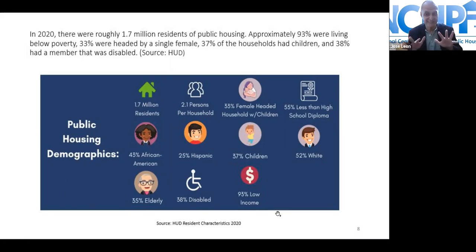So there is a discrepancy there, but over 35% are people over the age of 62. And in public housing, and this is another extremely important percentage, 38% of the households report that at least one person has a disability.